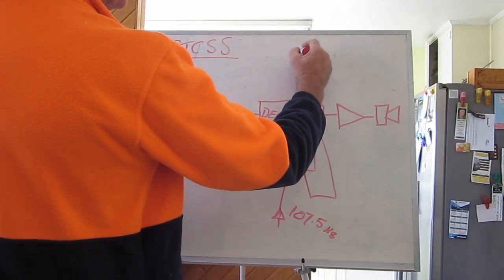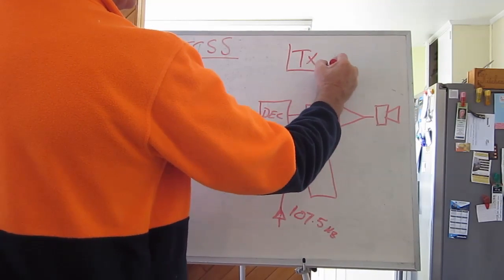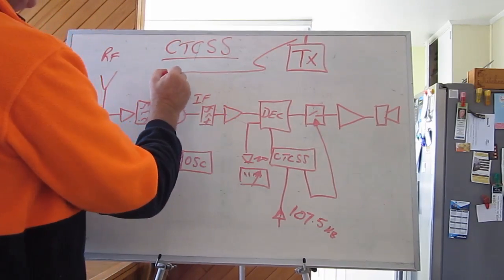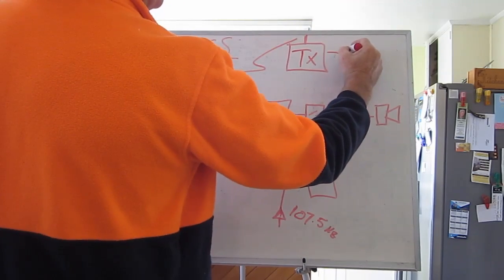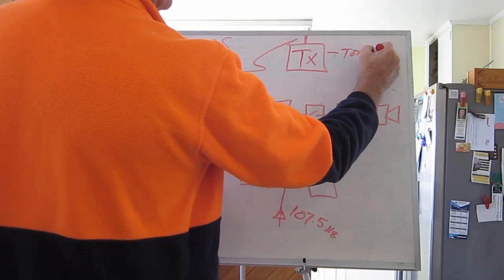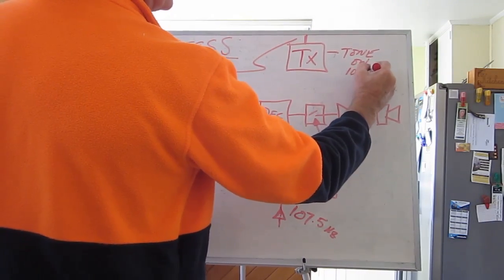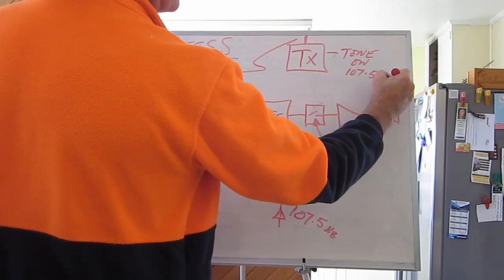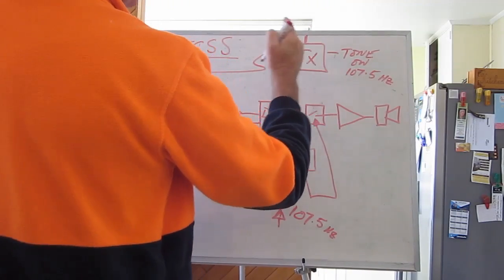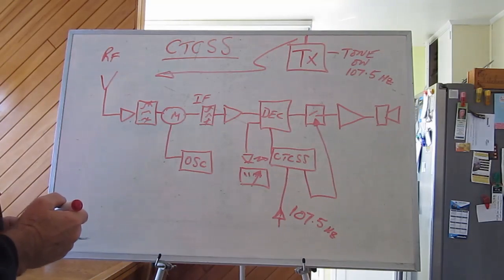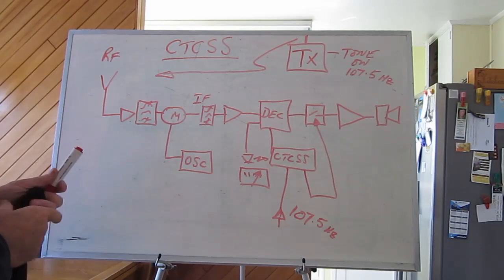We'll just draw a transmitter over here like that. It's going to send a signal into our receiver, and they put a 107.5 Hertz transmit tone on the transmit signal, so that CTCSS tone is programmed here.